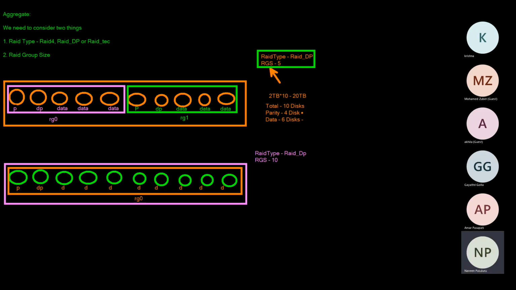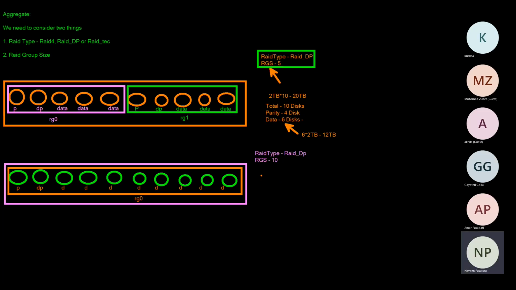We cannot use the parity space, which contains duplicate data. So how much is usable here? 6 into 2. We'll get a usable capacity of only 12 TB out of 20 TB. The remaining 8 TB is going for parity and D parity.